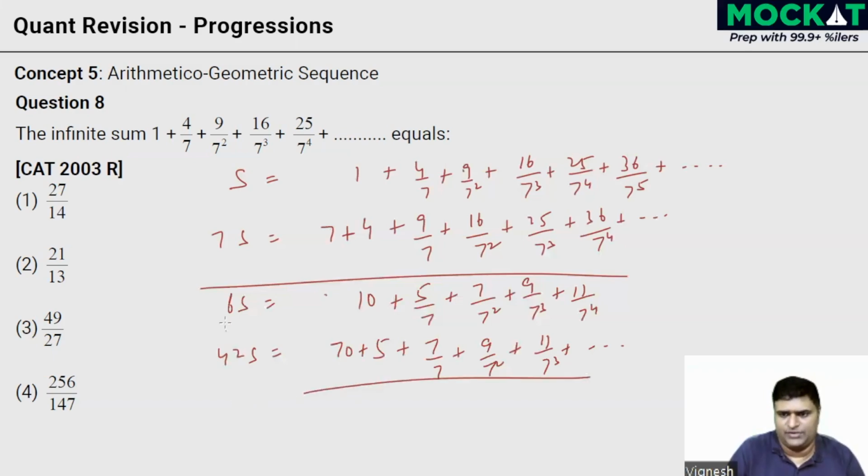If I take the difference over here, it's going to be 36s equals 75 minus 10 is 65 plus here it's 2 by 7 plus 2 by 7 square plus 2 by 7 cube and so on to infinity, right? So 36s equals 65 plus first term 2 by 7 divided by 1 minus r.